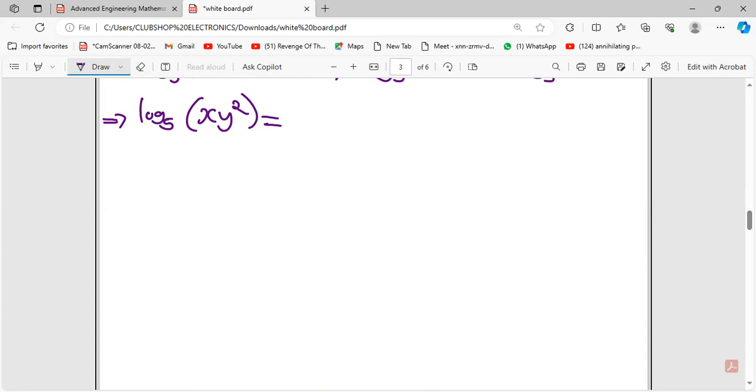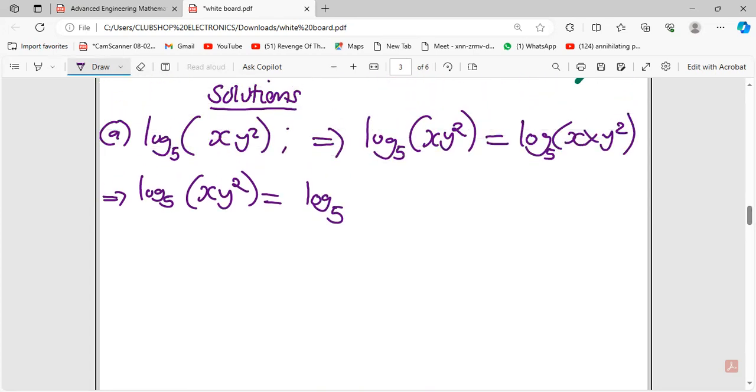So we are going to have log with base 5 of x plus log of base 5 of y squared. And this is your answer. Done. That's it.